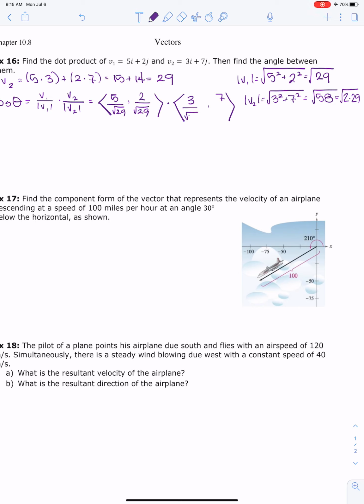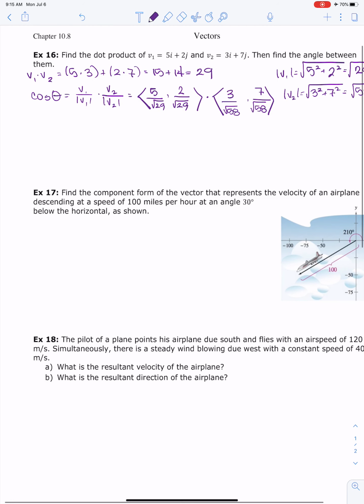Right now I'm going to leave it as 3 over the square root of 58, 7 over the square root of 58, and we want the dot product of these two, which means that the cosine of theta, this is an important time to not leave off the left-hand side. I don't want to just crank out this number on the right and think I'm done. We still need to find the angle that this is the cosine of.